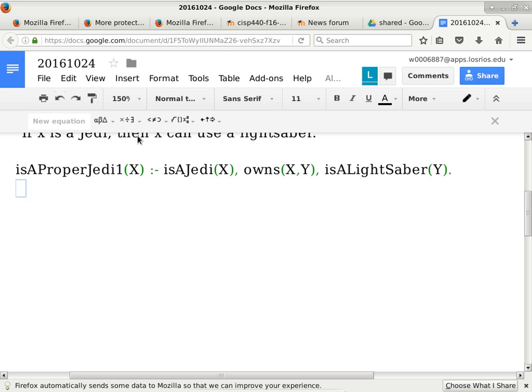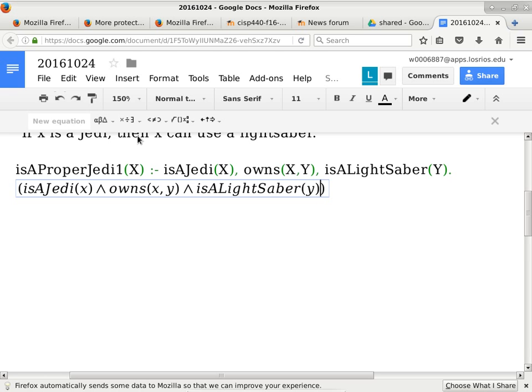So instead of working on the quantifiers first, this time I'll just work on the predicates first. The predicate is basically saying: X is a Jedi, and X owns Y, and Y is a lightsaber, implies X is a proper Jedi. I call it proper Jedi 1, because we have proper Jedi 2 later on.